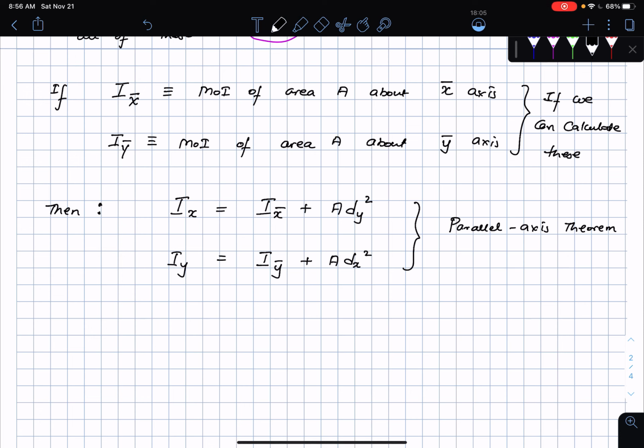And this is something you will have to remember. In this situation, Ix and Iy are the moments of inertia about the x and y axes respectively.